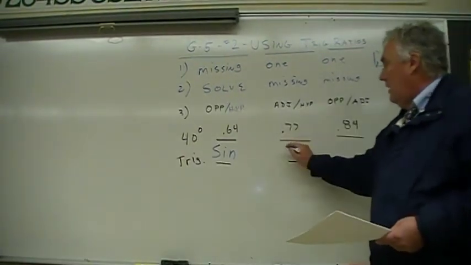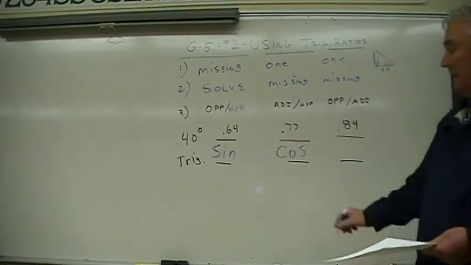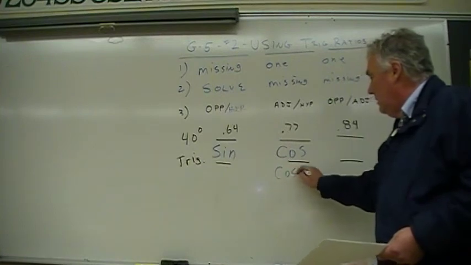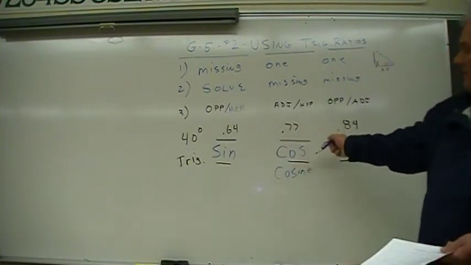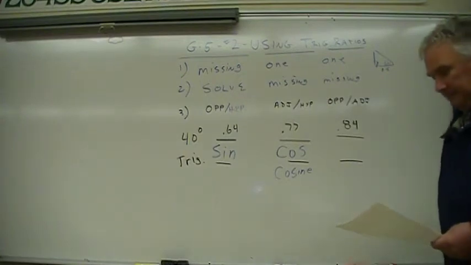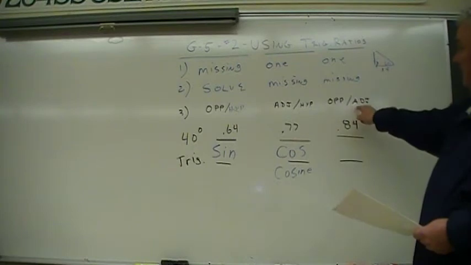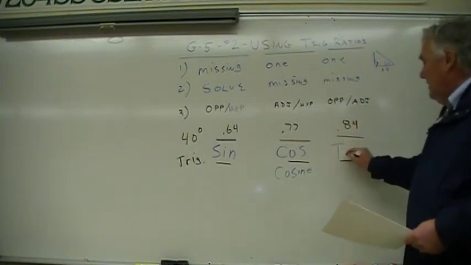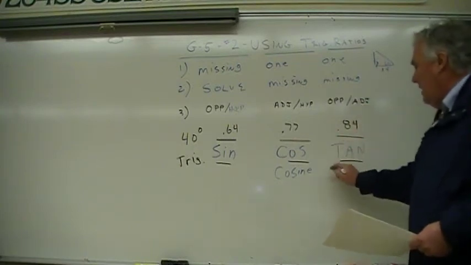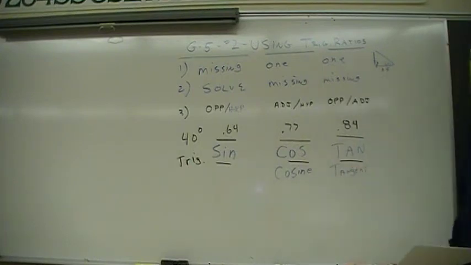Adjacent over hypotenuse is cosine. That's it spelled out on your calculator. You'll see the COS. And 0.84 for opposite divided by adjacent is our tangent. TAN. It's our tangent ratio.